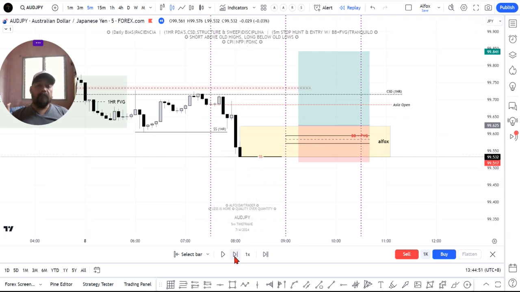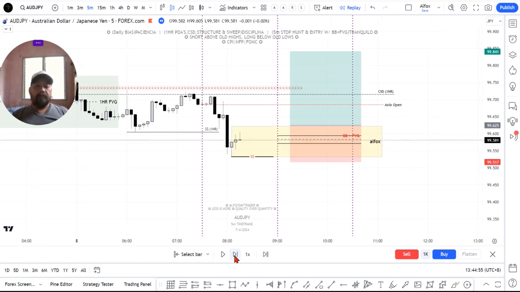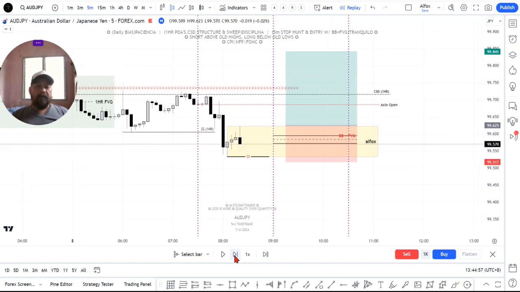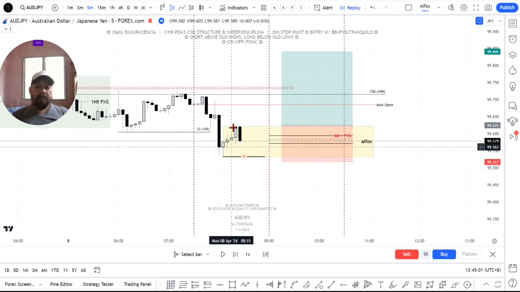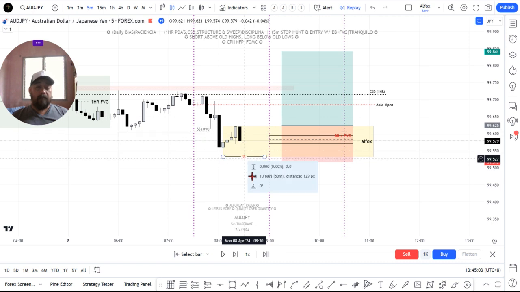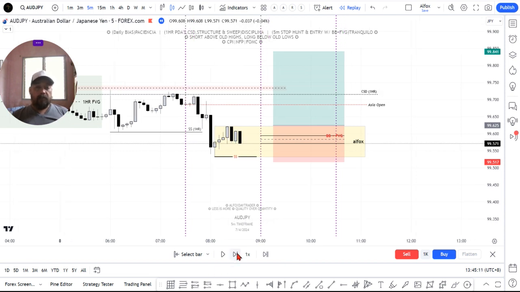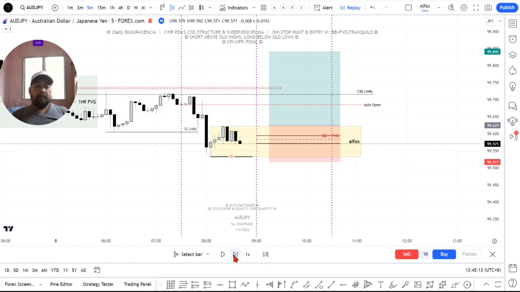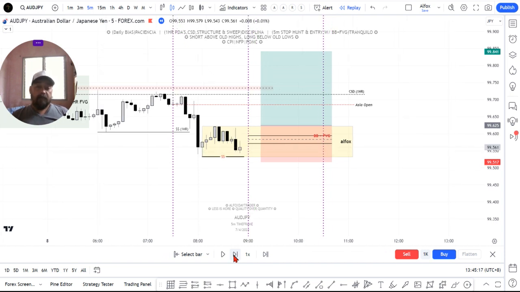I need to have my complete conditions before I enter. So to continue, price is still going down. Then look what price gave us: this possible breaker block. But it's still not a breaker block unless we will have our stop hunt. So now I'm just observing the price, waiting if it gives us a good entry.